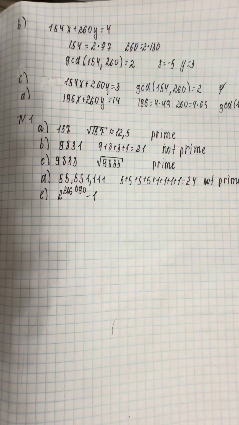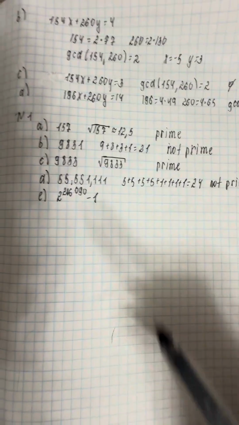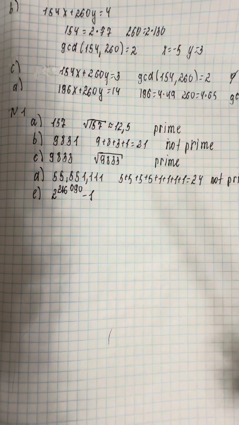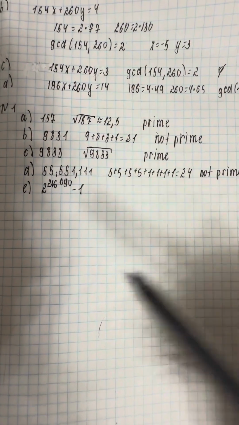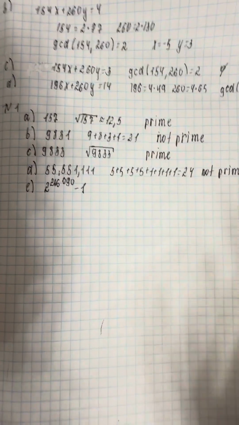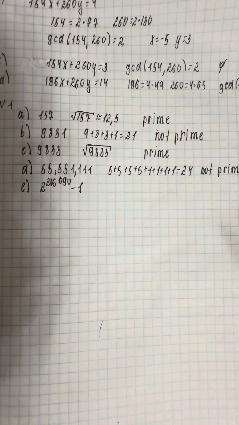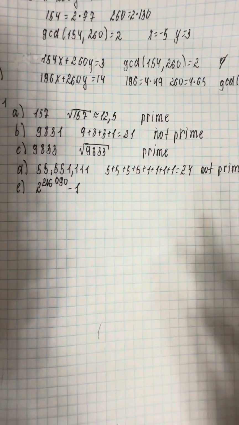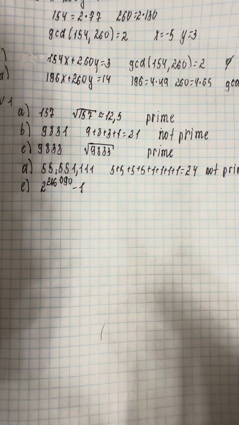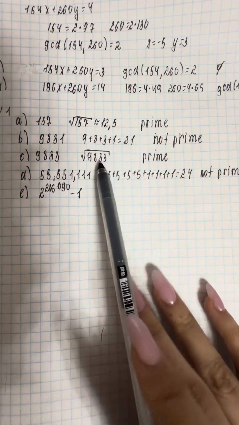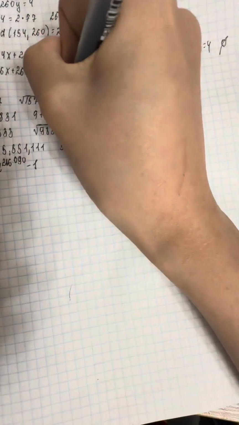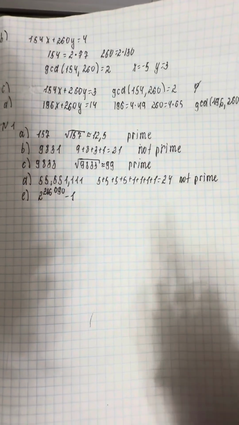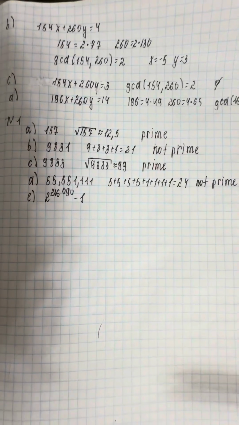And part C, 9833, and we test divisibility by small prime numbers such as 2, 3, 5, 7, and 11, and so on. The number is not divisible by any of them, and there is no divisor less than the square root, because the square root rounded equals 99, and so this number is prime.